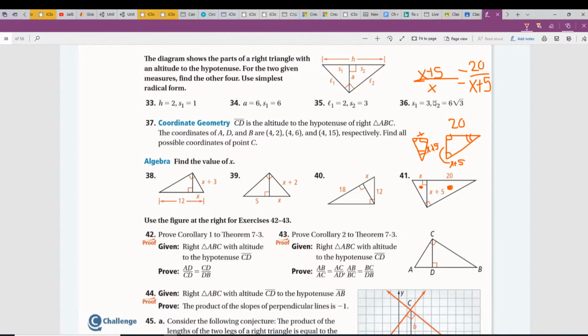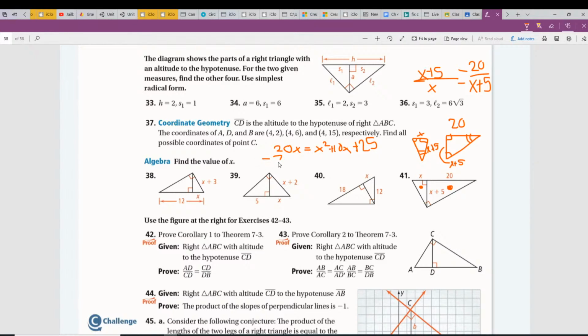So we'll multiply these two. 20x is equal to x plus 5 squared, which is x squared plus 10x plus 25.